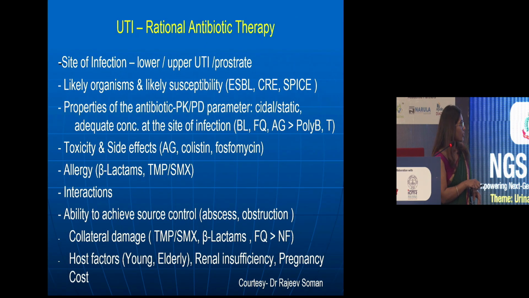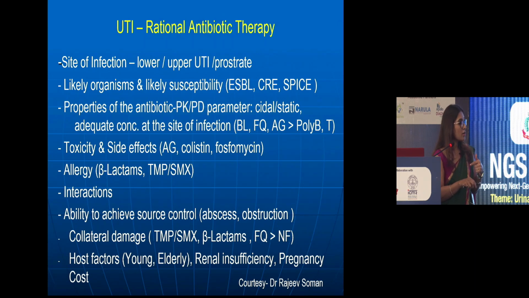We need to look at the toxicity as well as the side effects. Aminoglycosides, colistin as well as fosfomycin are associated with significant toxicity. So aminoglycosides can be used in a healthy young patient who is likely to have a lesser degree of nephrotoxicity for the treatment of UTI, but in an elderly patient, in a diabetic patient, there is a higher chance of nephrotoxicity.